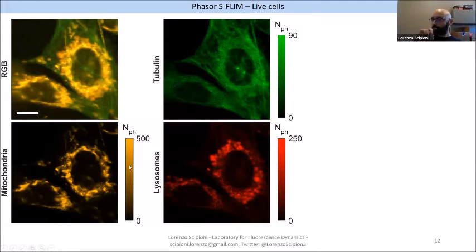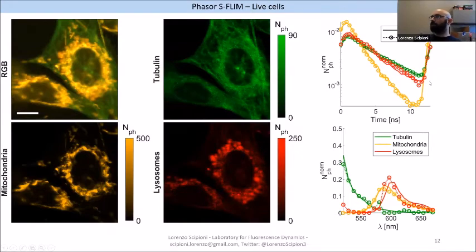Right? But not only, because the unmixed images are FLIM images. So we can do in one single shot 3-color FLIM, for instance, no matter how heavy is the overlap.